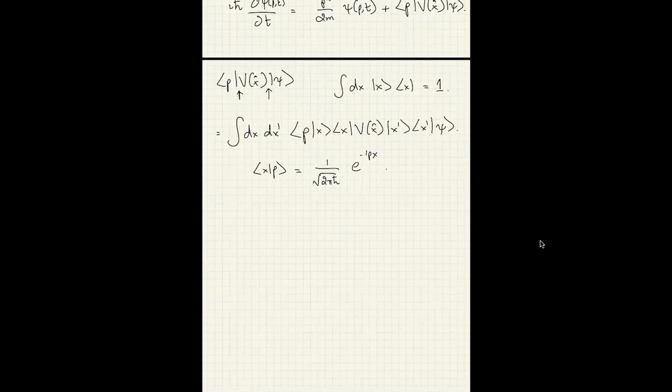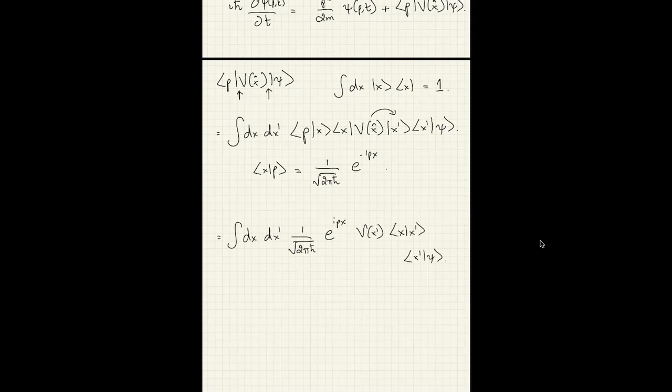So I can write this as integral dx dx prime, 1 over square root of 2 pi h bar, e to the minus i p x, so <p|x> should be e to the minus ipx over h bar. Now V of x acts on |x prime> to give me the corresponding function, V of x prime, |x prime>, and then I have <x prime|psi>.